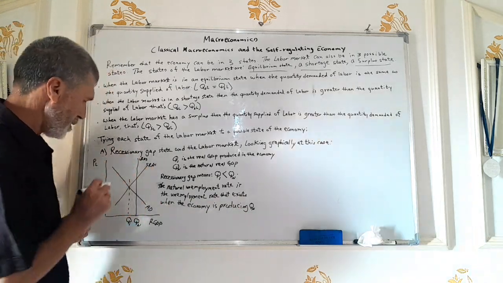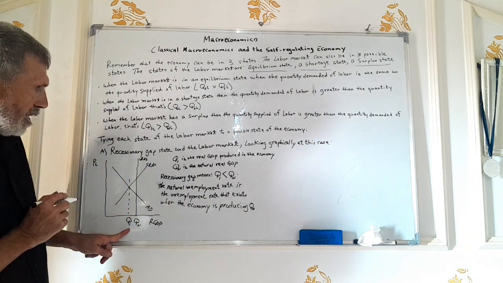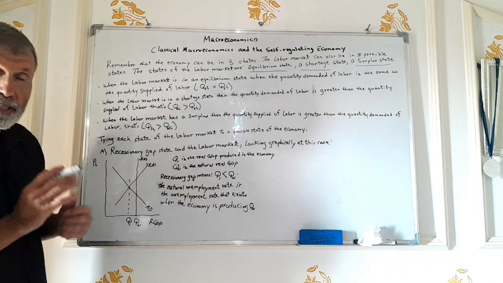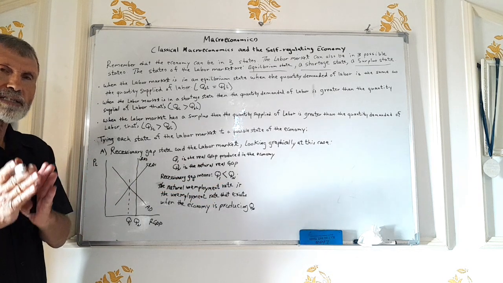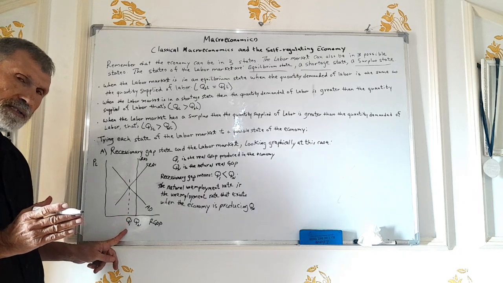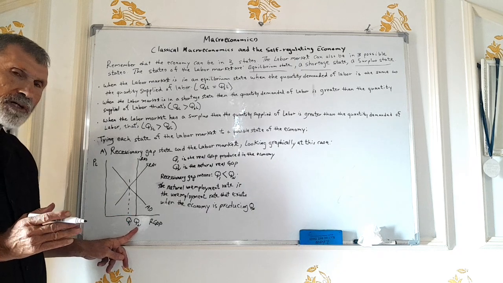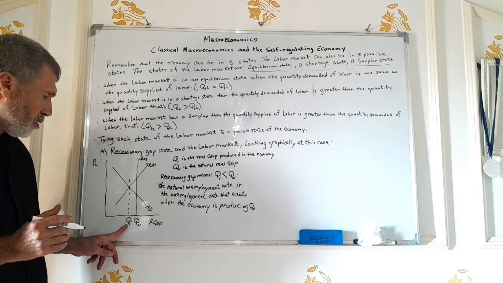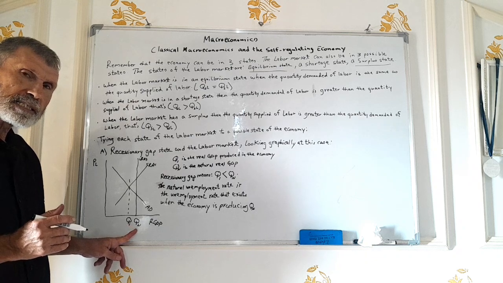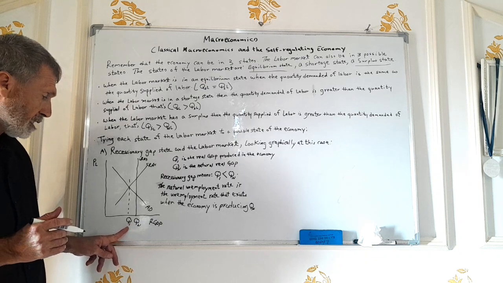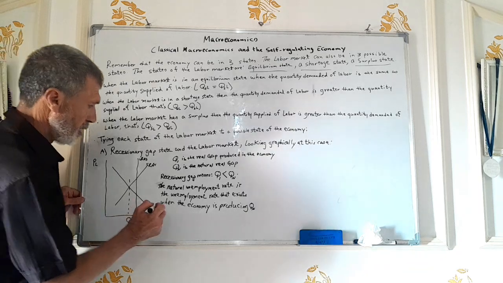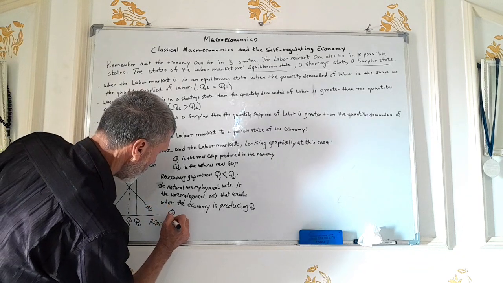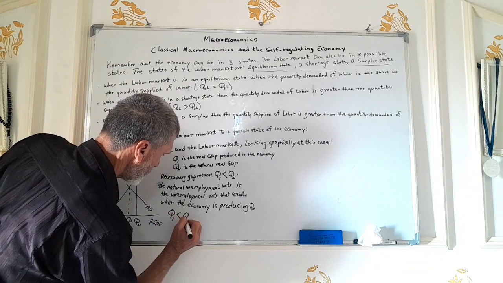Okay, now look over here. Q1, as you see, is less than Qn. This means that the number of workers needed to produce Q1 is less than the number of workers needed to produce Qn, because Q1 is less than Qn.